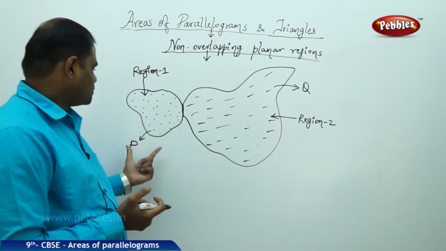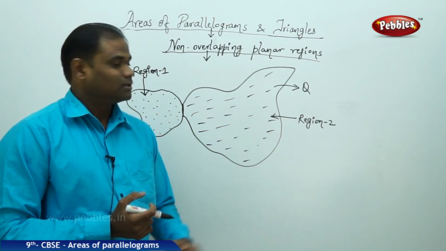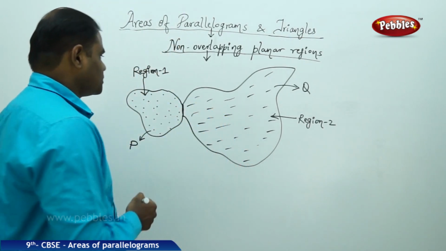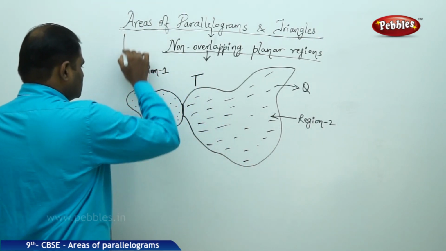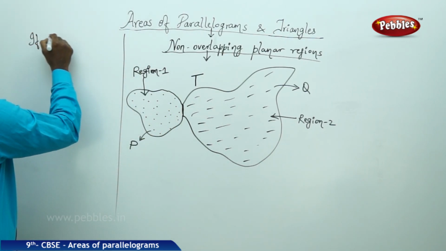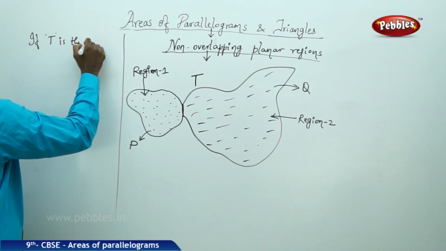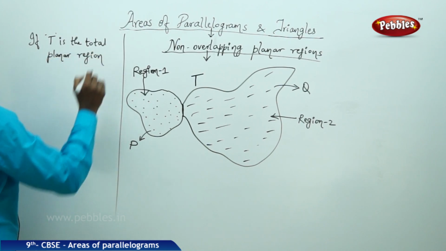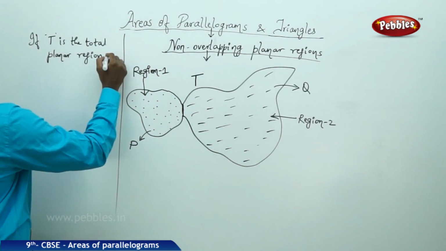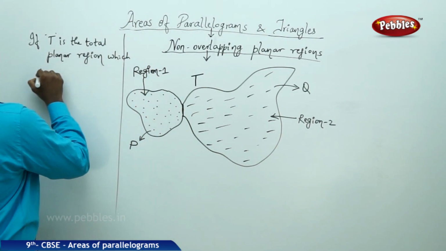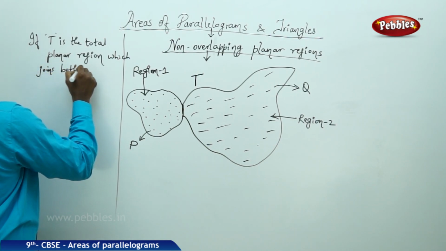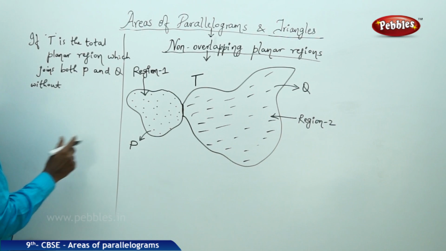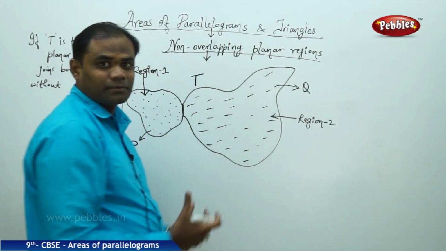The planar region 1 denoted by P and the planar region 2 denoted by Q are joined together, where the whole region joined is denoted by T. T is the total planar region which joins both P and Q without overlapping.